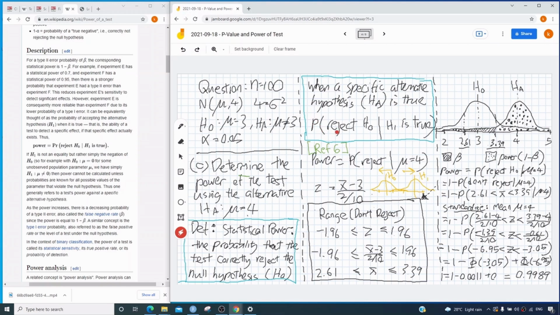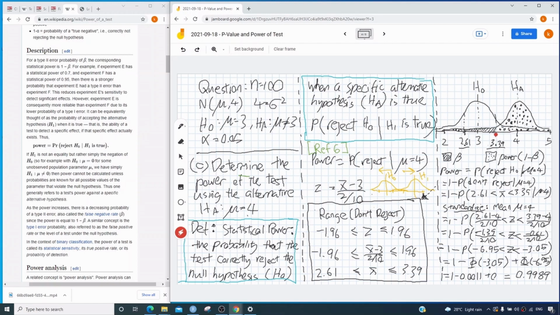It is P(reject H0 when H1 is true). We can look at the chart here. This is H0.